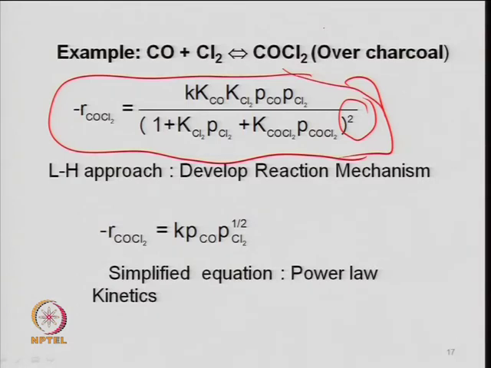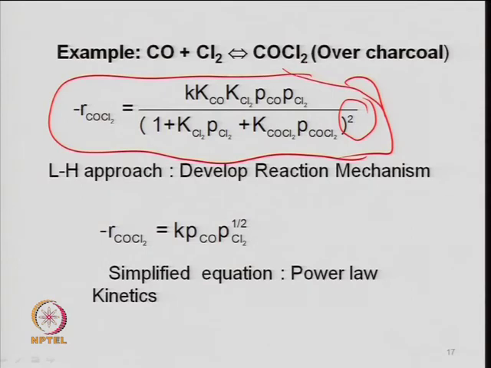So, this can be one mechanism: adsorption of this, then adsorption of this, and then these two adsorbed species react and transform into one adsorbed species and one vacant site, and then this COCl2 star finally desorbs to COCl2 and star. So, adsorption, desorption, surface reaction, and as I said, in most heterogeneous reactions, if adsorption is not controlling, then the possibility is that it is controlled by the surface reaction.